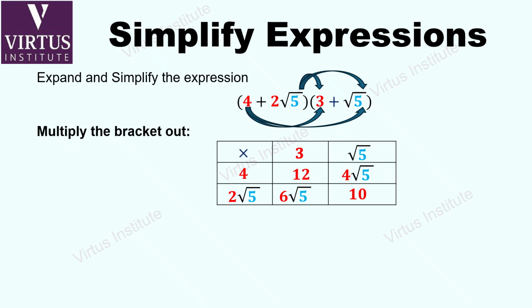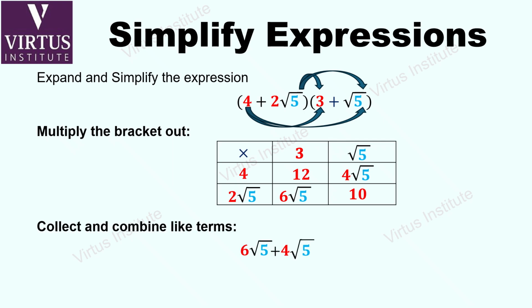Now, write all the terms together: 6 square root 5 plus 4 square root 5 plus 12 plus 10. Combine the square root 5 terms. 6 square root 5 plus 4 square root 5 equals 10 square root 5.